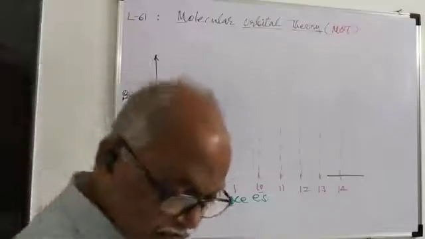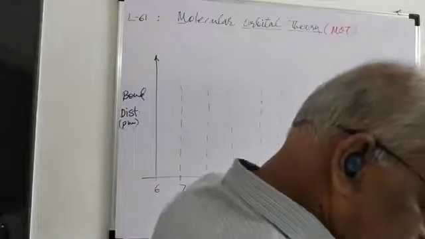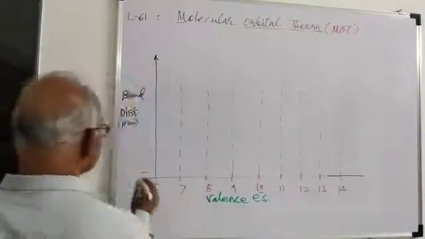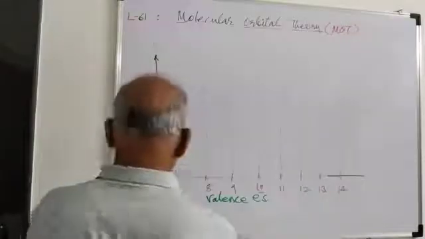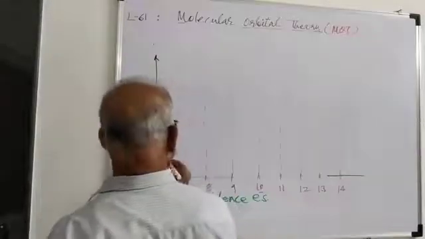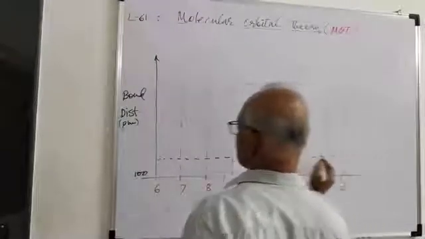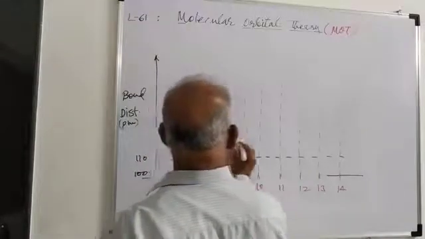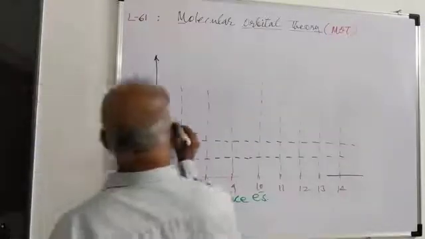So we can show this graph starting with the bond distance from 100. Bond distance is used here as 100 pm, 100 picometer at this baseline. Then the next is 110. So this is 110. Then we will use this second line, 120.